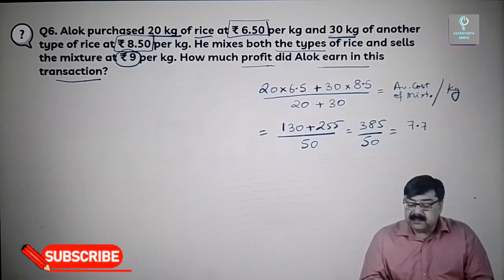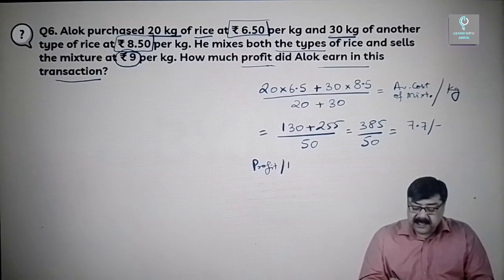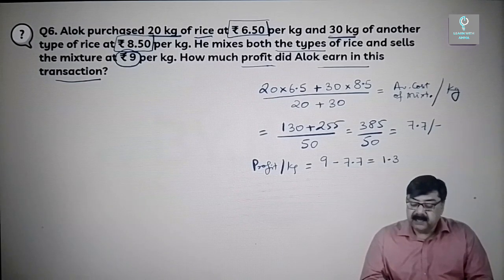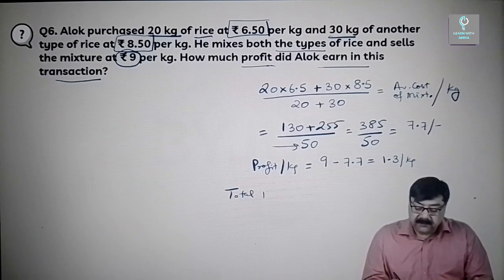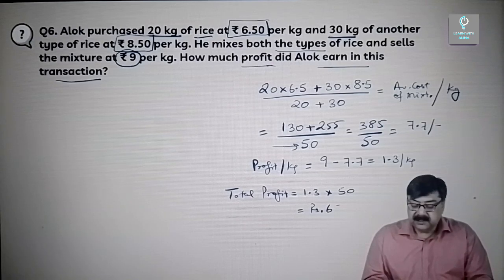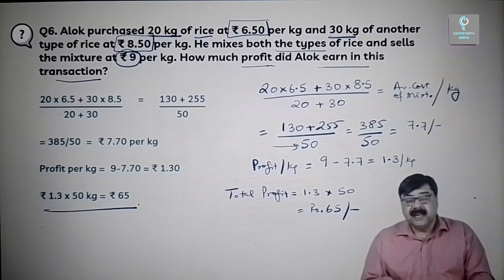So 7.7 per kg. Now the profit per kg that he makes is selling price per kg minus cost price per kg. That shall be rupees 1.3 per kg. Total quantity here we already know is 50 kgs. So total profit earned by him shall be 1.3 into 50, that is rupees 65. So by the same logic, this is what we have as the answer.